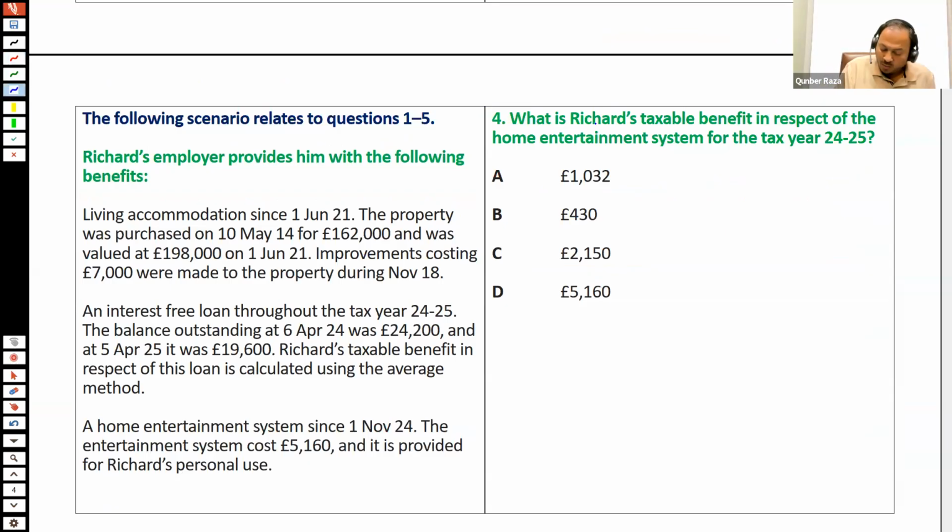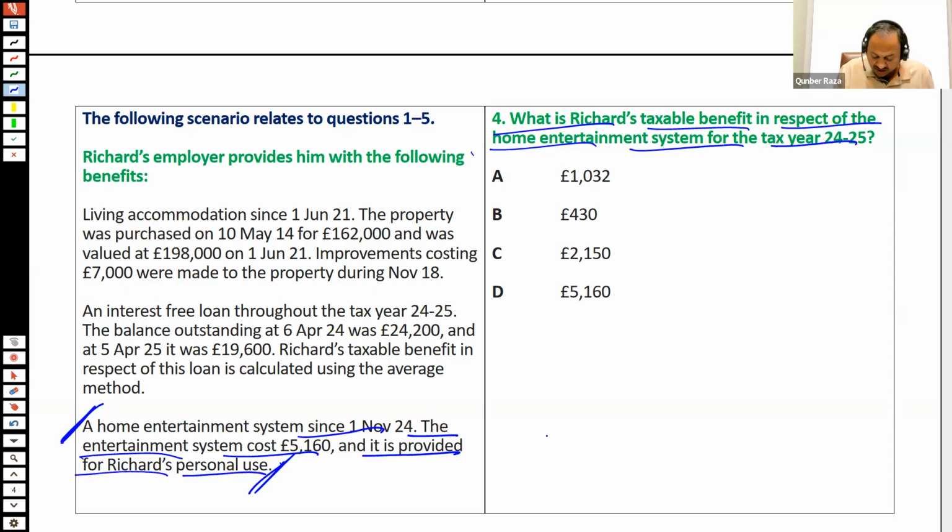Question number 4. What is Richard's taxable benefit in respect of the home entertainment system for the tax year 24-25? For this, the third paragraph is relevant. A home entertainment system since 1st November 24. The entertainment system cost 5160 and it is provided for Richard's personal use.